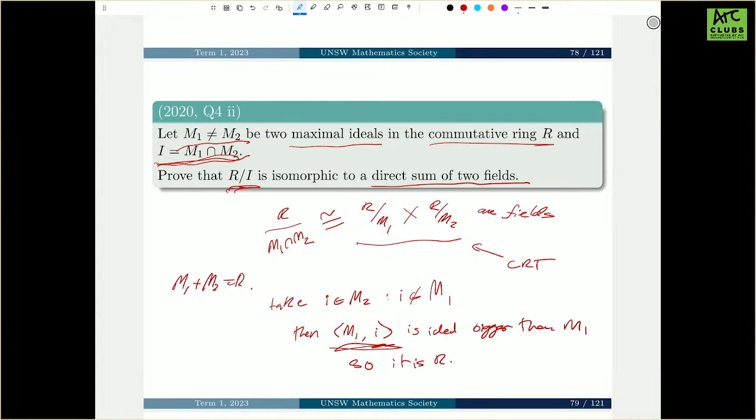Well, what that will imply is that we know 1 is an element of R. Cool. So we have the property that M1 + M2 is equal to R. That allows us to apply the Chinese remainder theorem and get this isomorphism.